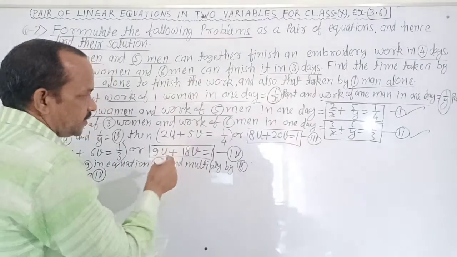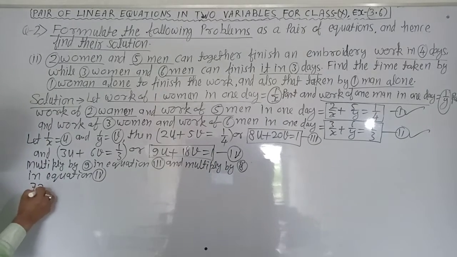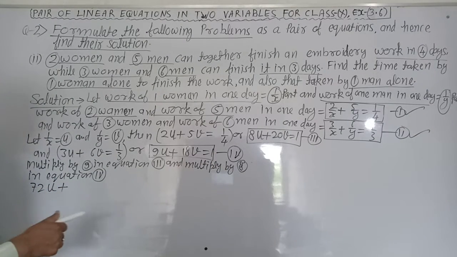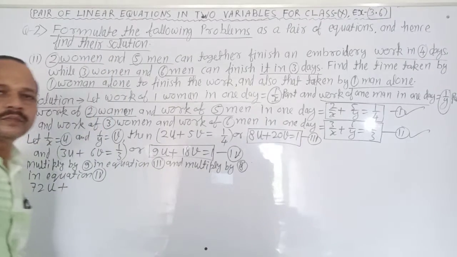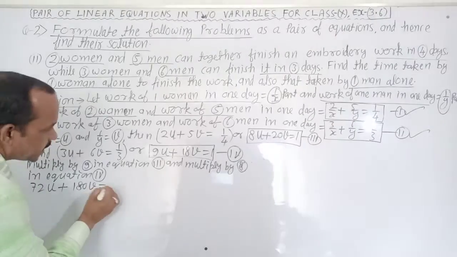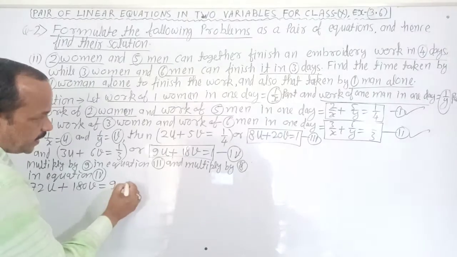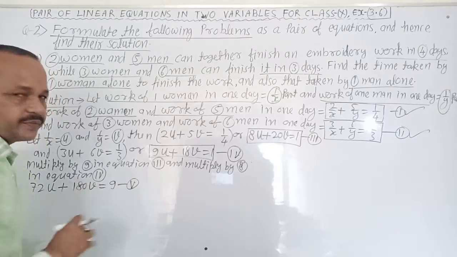Clear? It becomes 9 8s are 72u plus 9 multiply 20, 180v equal to 9 multiply 1, 9. It is equation 5.